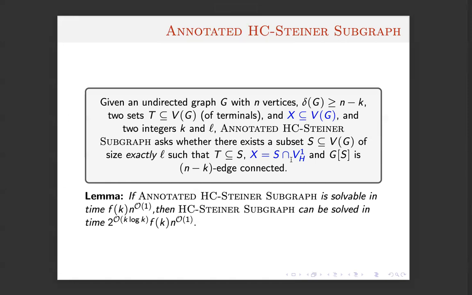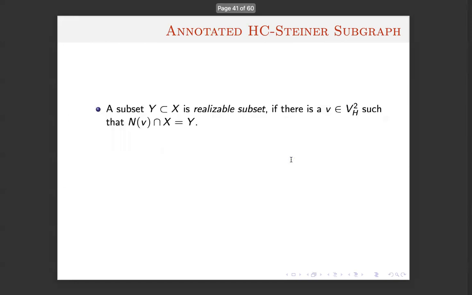So we have some 2 to the power big O of k log k many choices for X, and we can solve the problem in some FPT time. So now let's concentrate on the annotated version of this problem and solve this problem.